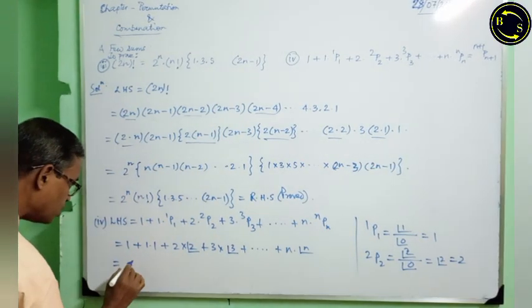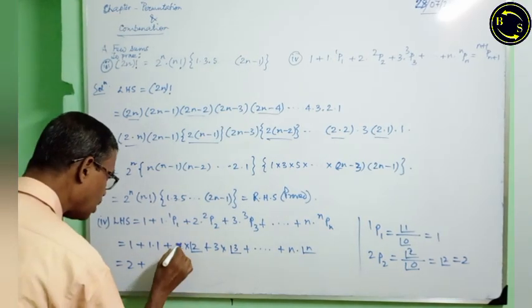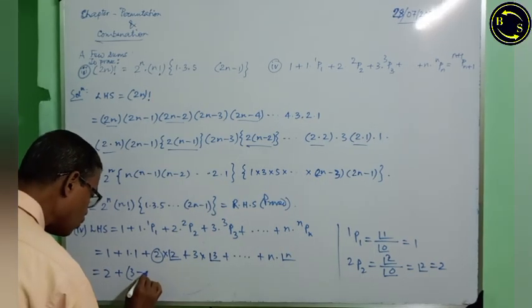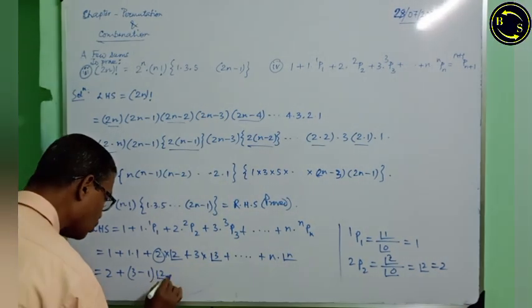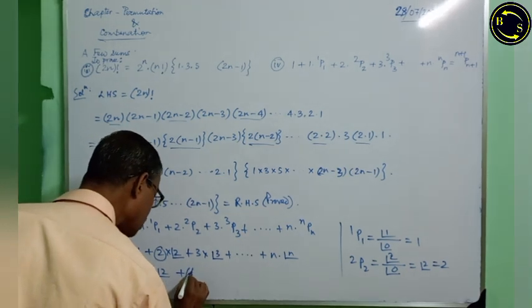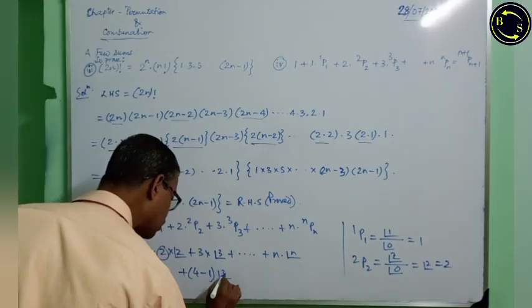Now this is 2, plus I write this 2 as 3 minus 1 into factorial 2. This 3 as 4 minus 1 into factorial 3.